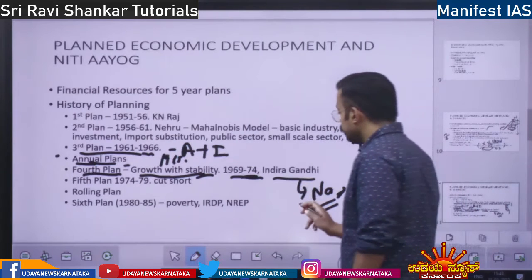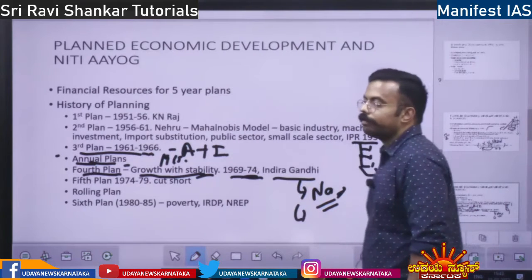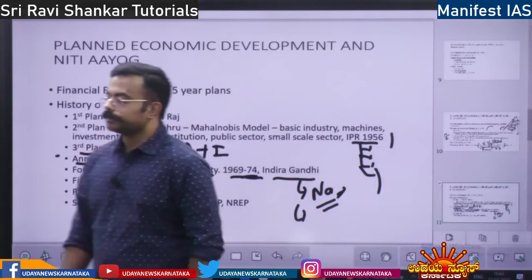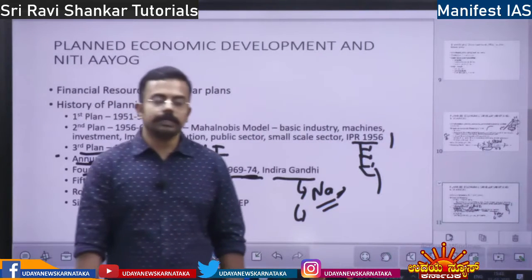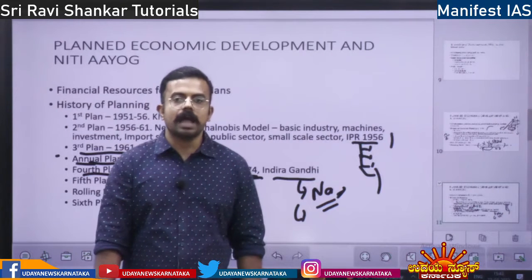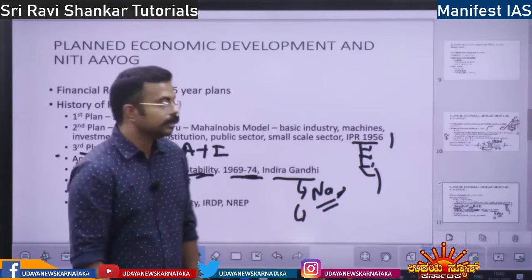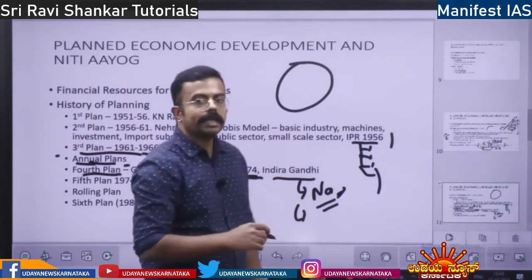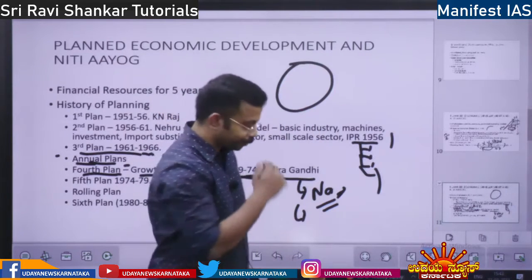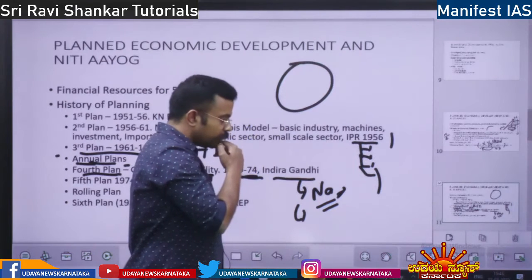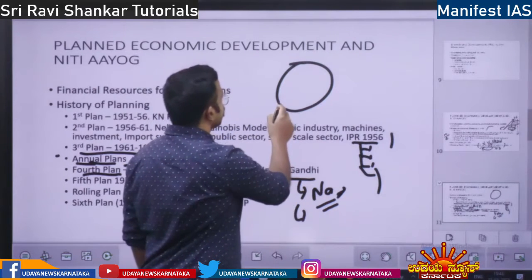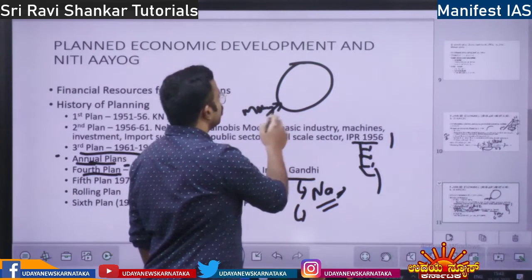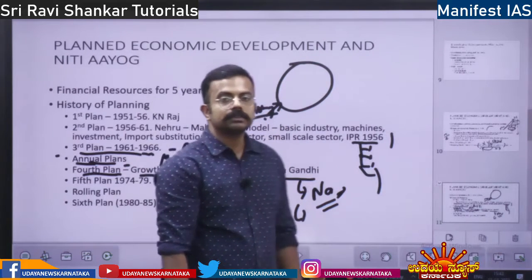And also, she abolishes the privy purse of kings. During the unification of India by Sardar Vallabhbhai Patel, in order to join India, the princes or the kings were given money, like a monthly salary.